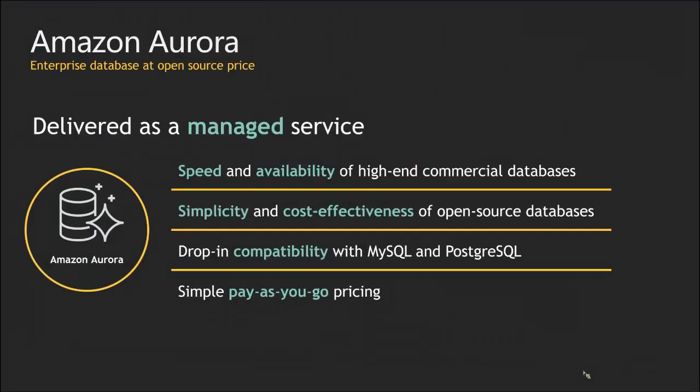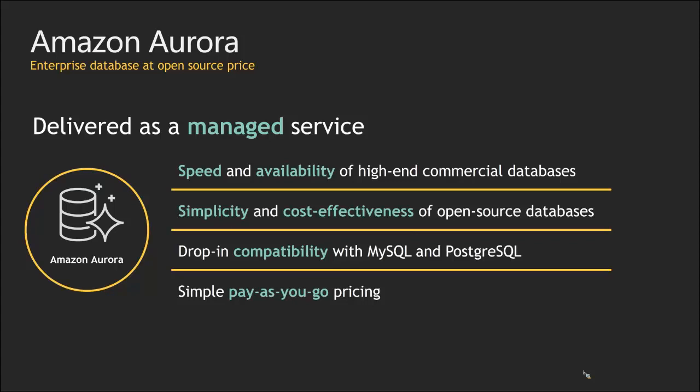So let's start with a quick overview of Aurora, for those of you who maybe have heard of it, maybe are not using it. So Amazon Aurora is a relational database in the cloud. It's a database that you can start with just a few clicks in the console, the AWS console. It's delivered as a managed service, meaning that there's nothing for you to set up, to install.